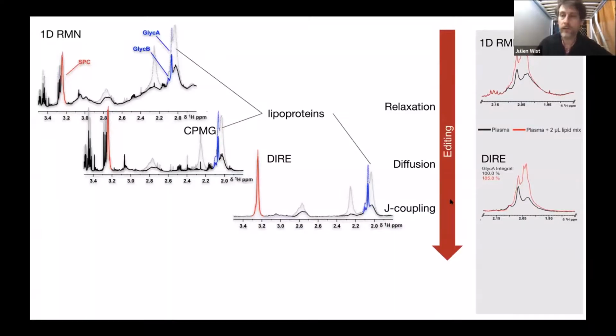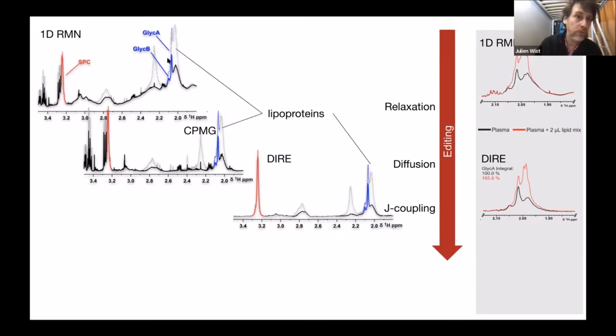When we look at the spectra, the problem is a very old problem. We have a very crowded spectrum with a lot of overlap. And if we look at the 1D NMR spectra, we usually refer to it as NOESY, since it's a 1D NOESY experiment. We can see that we recognize basically the strong distortion of the baseline that comes from the contribution of the proteins, mainly albumin.